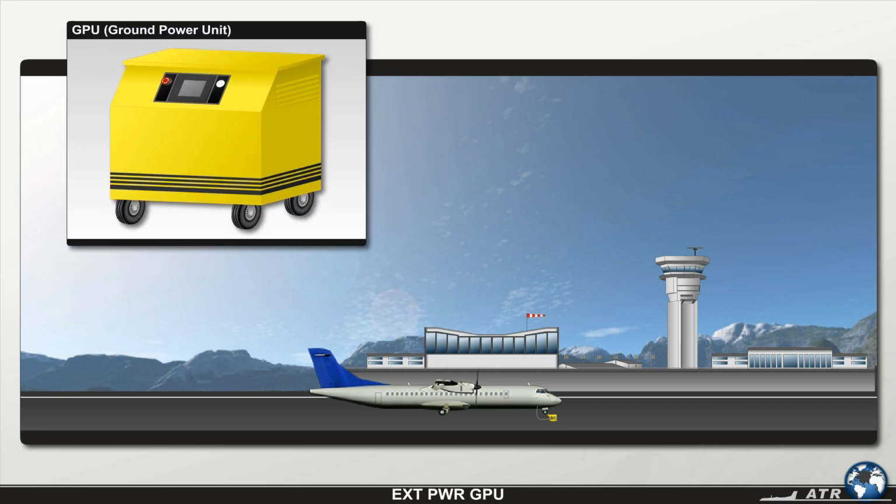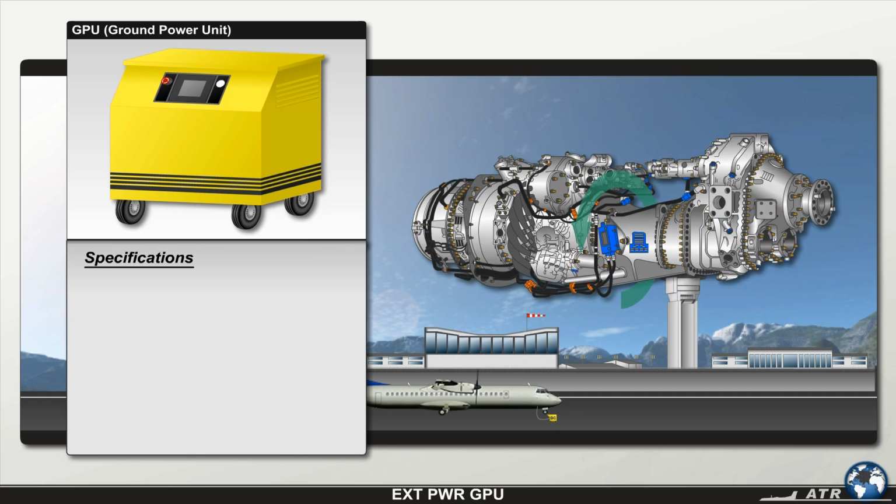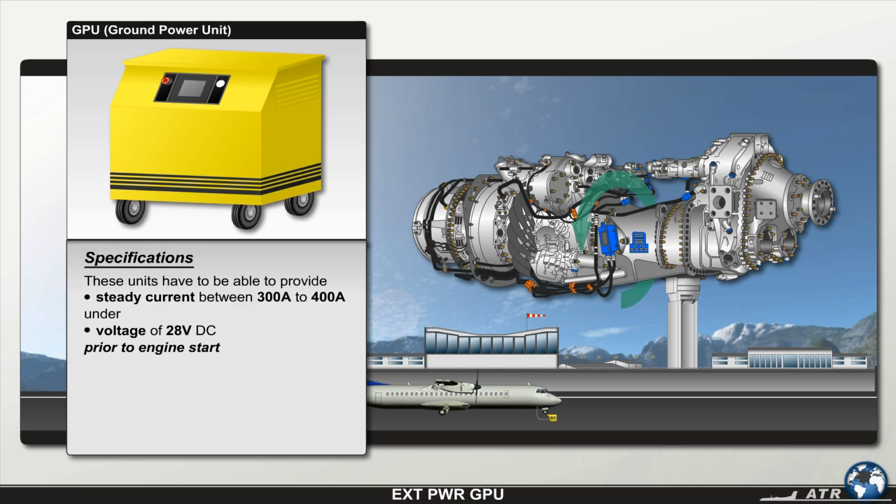Ground power units to be used on the ATR 72 are subject to particular specifications. These units have to be able to provide a steady current between 300 amp to 400 amp under 28 volt DC to ensure proper operation of all DC equipment prior to engine start.